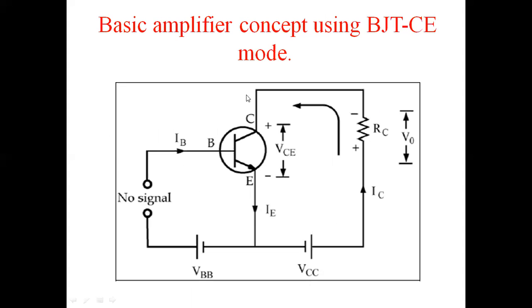This common emitter transistor will work as an amplifier when the operating point of the transistor lies in the active region.